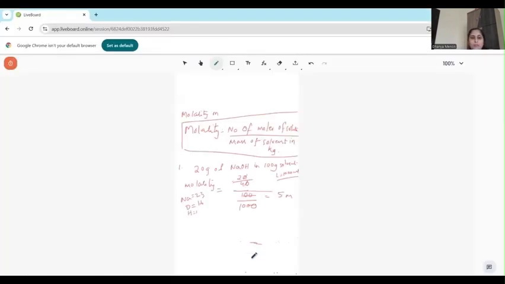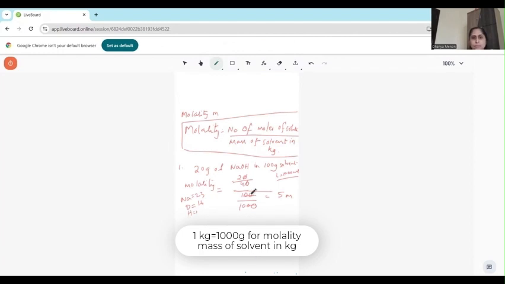I have written down the information. 0.85 grams of ammonia is given to you and 100 ml of the solution. But you need solvent, right? So here, can we find the mass of solution from here? Mass is equal to volume times density, right?